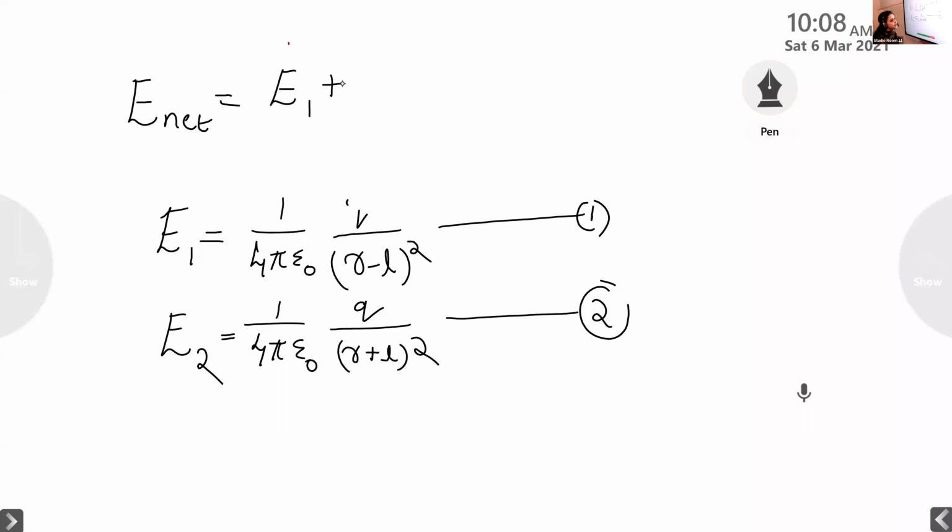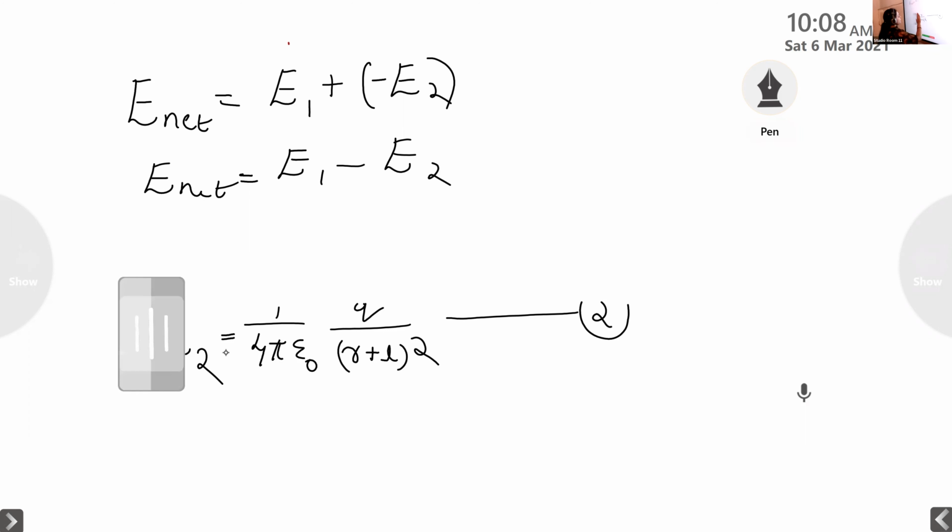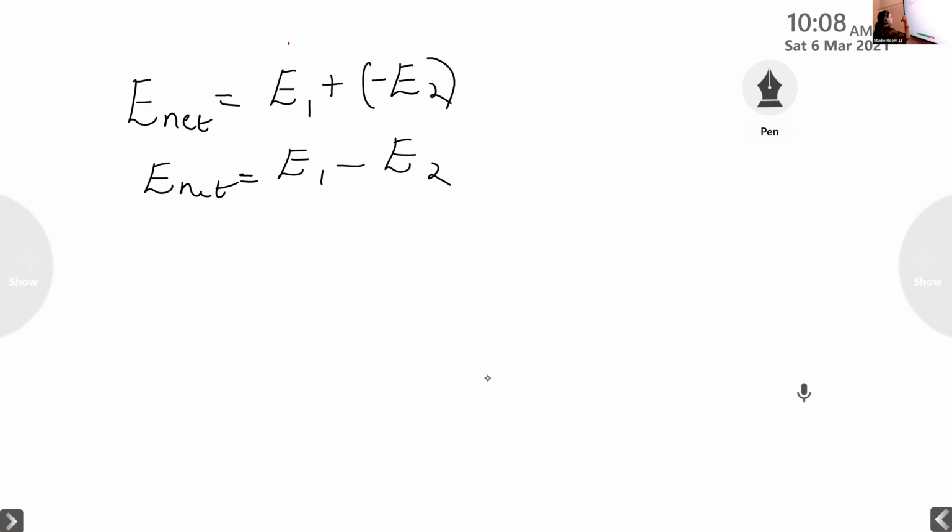Are they lying along the same direction or in opposite directions? Opposite. E2 is lying opposite to the direction of E1. So in effect, E net is equal to E1 minus E2.